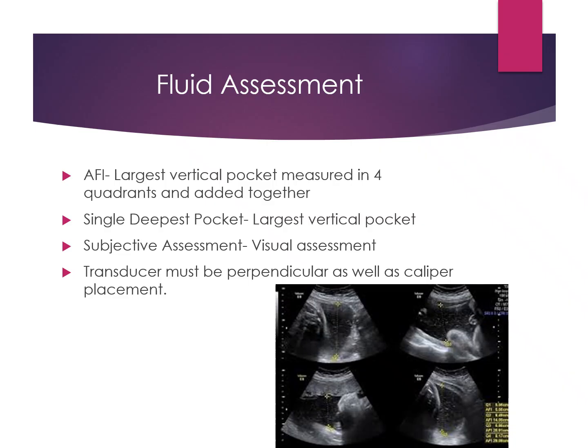And then we can use, if an AFI was not ordered, but we're scanning and we're going, wow, that doesn't seem like there's a whole lot of fluid there, that would be a subjective assessment because we can't really tell that there's not a lot there. We actually have to put some calipers to see that. And then once you measure it and see that there's not a lot of fluid, that would be that single deepest pocket objective or amniotic fluid index objective measurement.